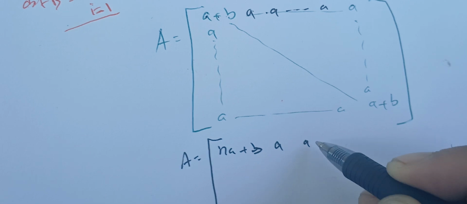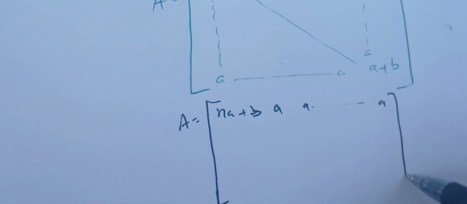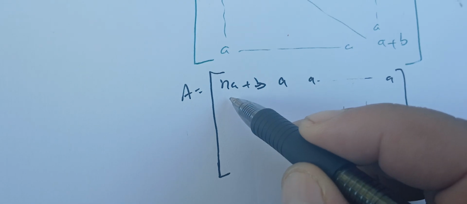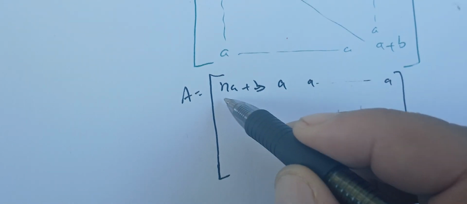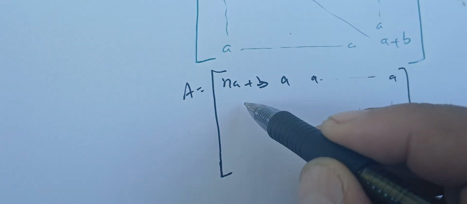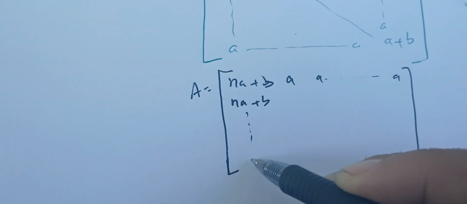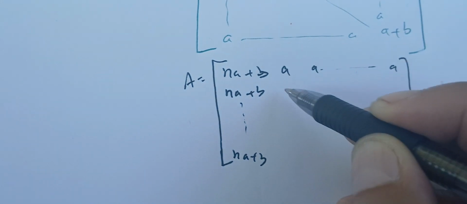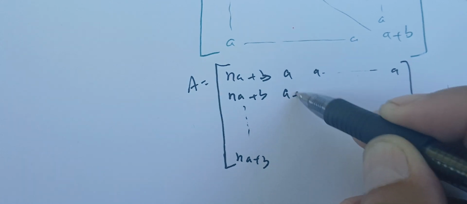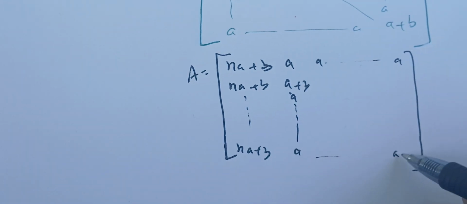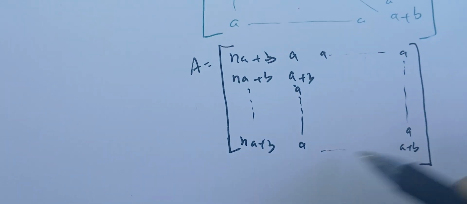The other columns won't change, so they keep the a's and the a plus b on the diagonal.